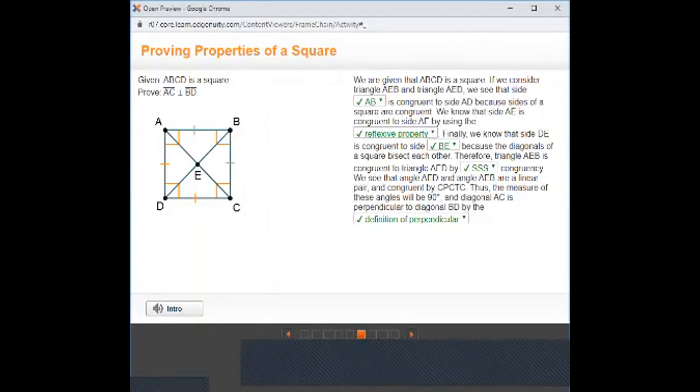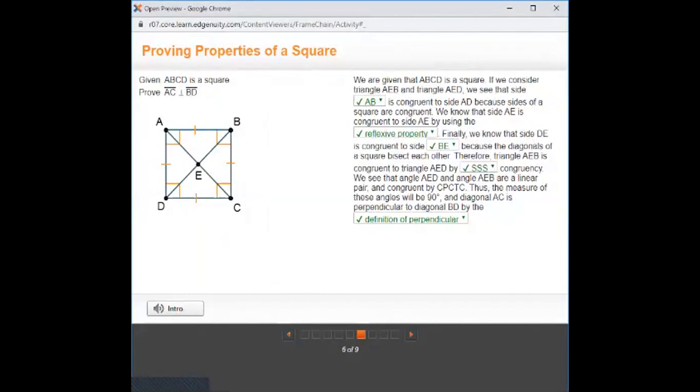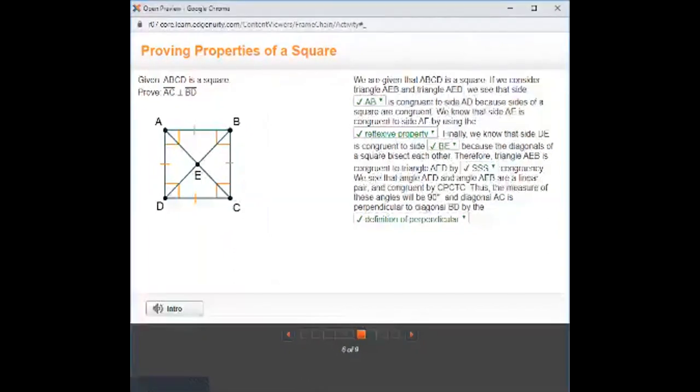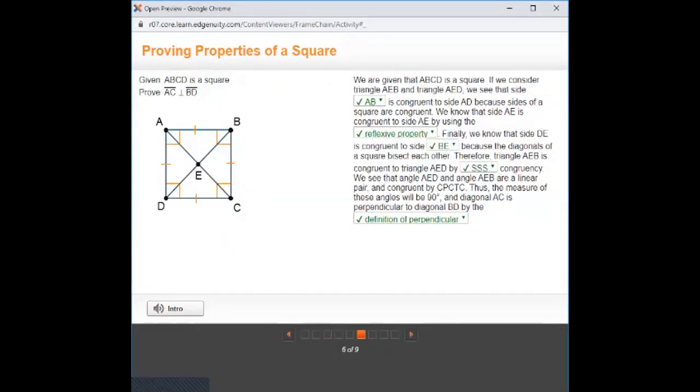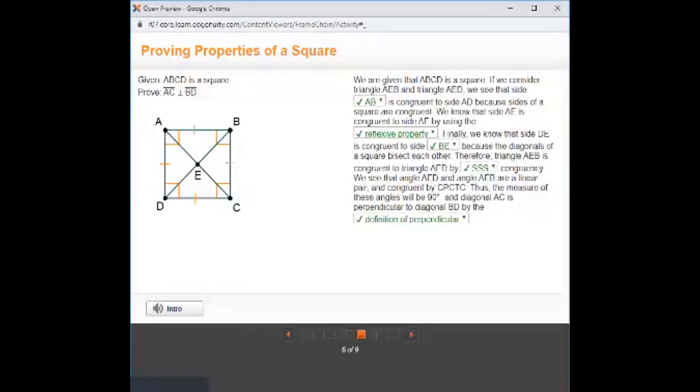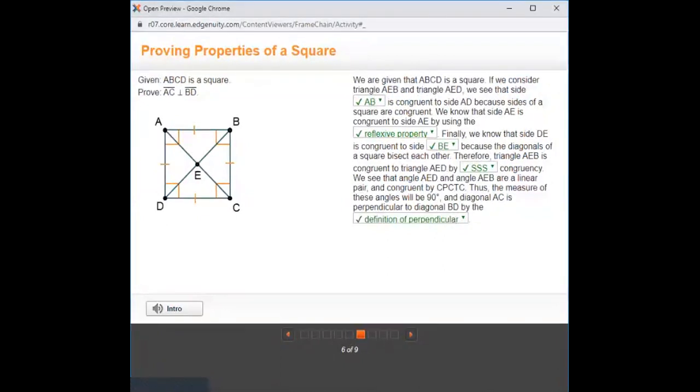So ABCD is a square. That's what we know. And we're trying to prove that segment AC, the diagonal, is perpendicular to segment BD, the other diagonal. So they ask us to draw out 2 separate triangles, triangle AEB and triangle AED. So let's draw those triangles out.